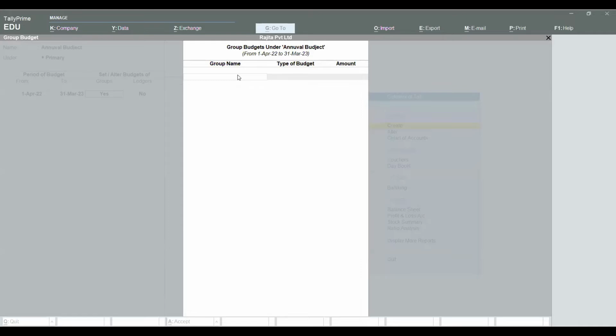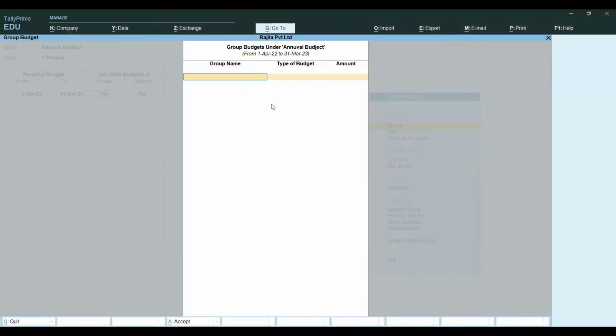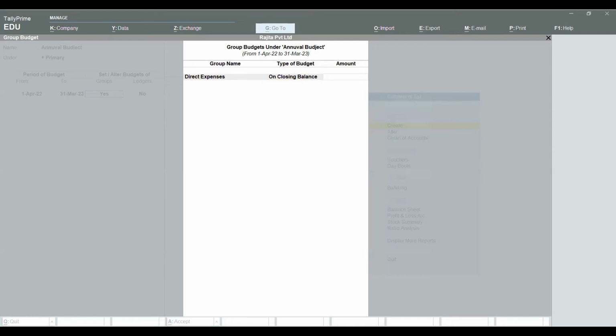See, first I am selecting the direct expenses group. Under direct expenses we want to select On Closing Balance. What is the total direct expenses amount you want to record, your estimated amount? Here you type your estimated amount for direct expenses.